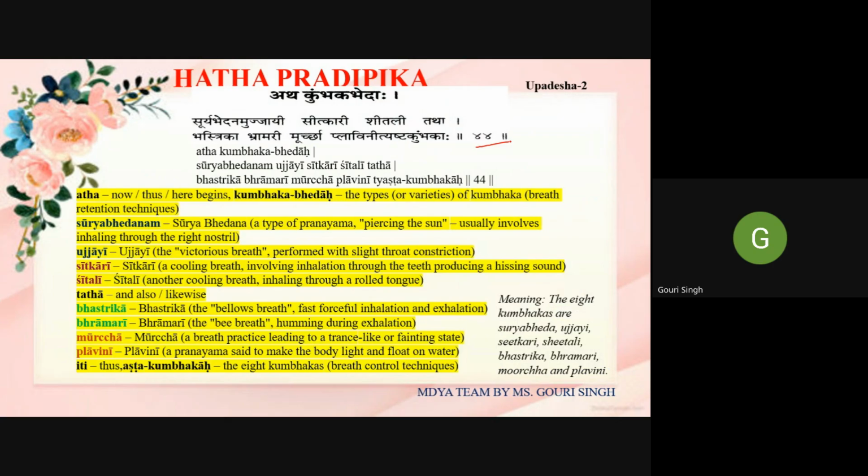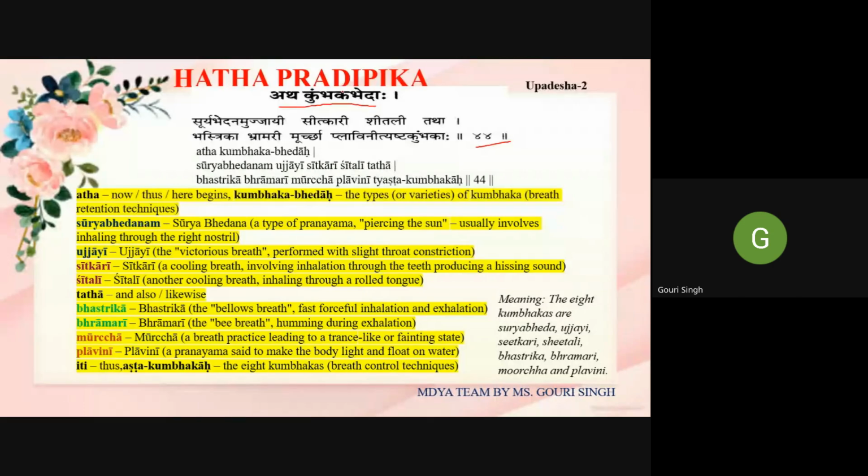There is the discussion about the Kumbhaka. Atha kumbhaka bhedaha. Now Swatmaram is talking about the different types of kumbhakas. Here also he first defines kumbhaka as breath retention, but there kumbhaka is also defined as Sahita and Keval.